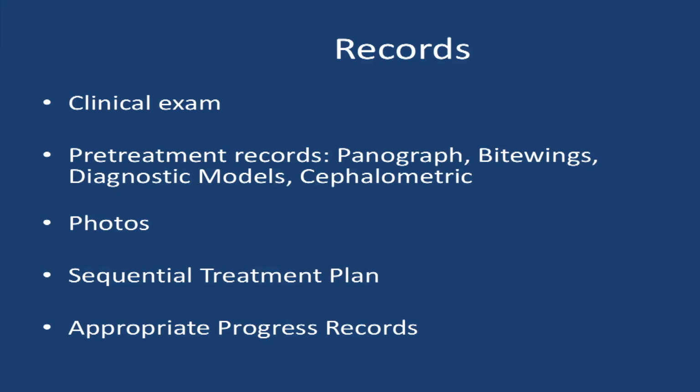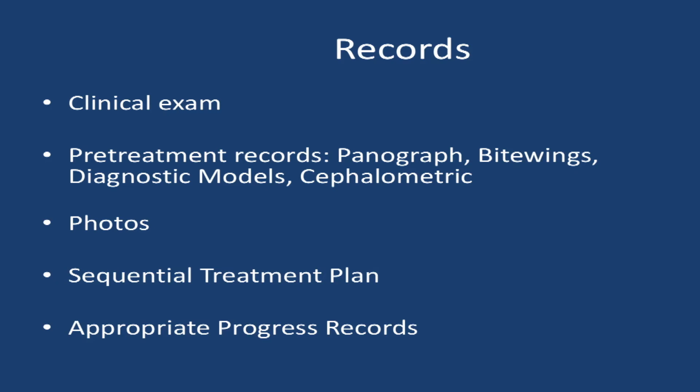Records. Clinical exam is important, and achieving our goal of providing records that are totally diagnostic and relate to the situation occurs if we have pre-treatment records, for example, a panograph, bite wings, diagnostic models, or a cephalometric x-ray.